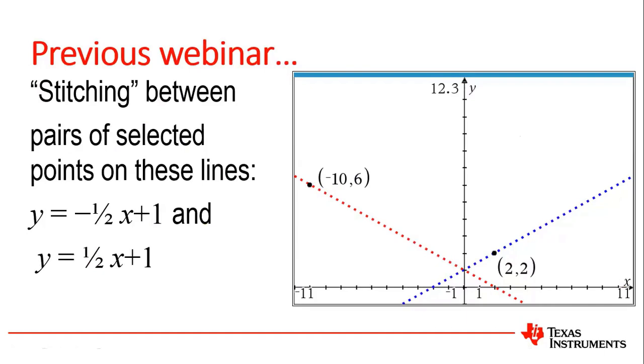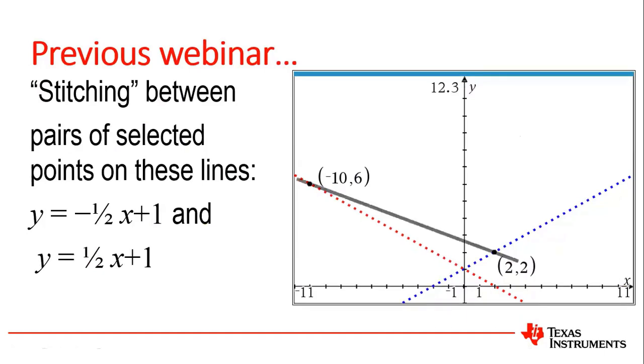In a similar way, in that previous webinar, we connected pairs of points, and you were guided as to which pairs of points they would be. For those of you who did watch that webinar, I chose, because of the nature of the equations, to choose only points that had even x coordinates so that we wouldn't be bogged down too much with fractions during the limited amount of time that we had.